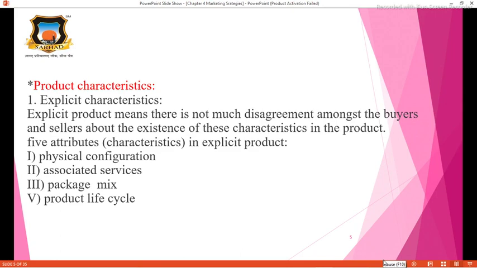The first is physical configuration. A product is a bundle of some physical material. It is made up of wood, plastic, glass, stone, metal, etc. Every product has its own size, shape, color, density, texture, taste, and a host of other such physical attributes.